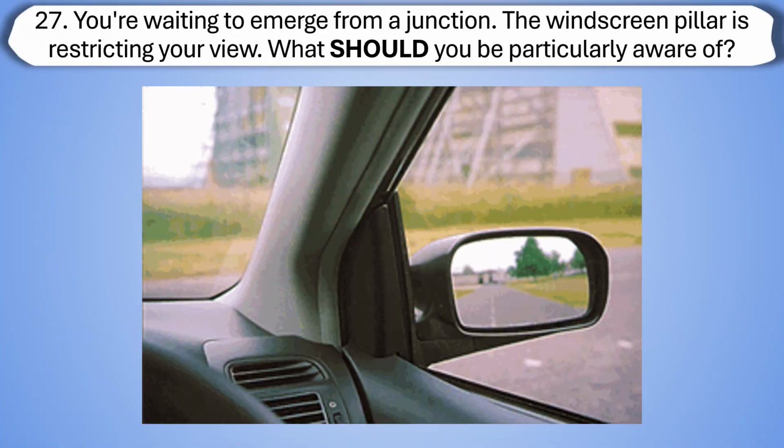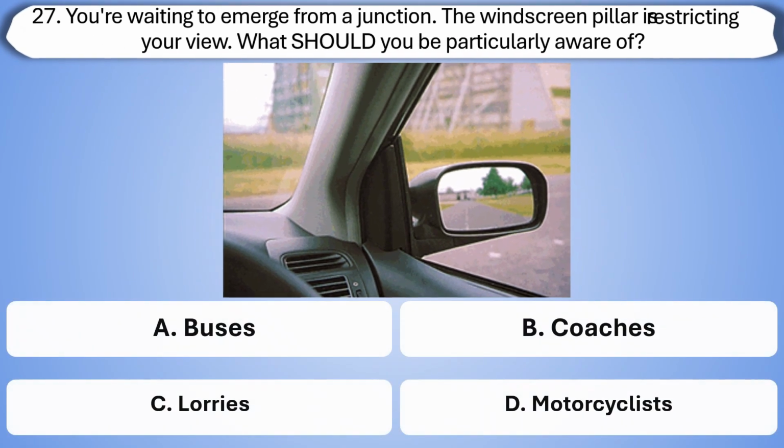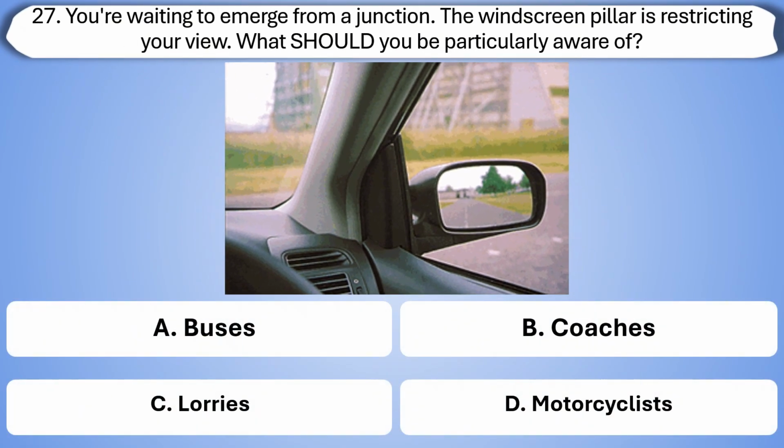27. You're waiting to emerge from a junction. The windscreen pillar is restricting your view. What should you be particularly aware of? A. Buses. B. Coaches. C. Lorries. Or D. Motorcyclists.